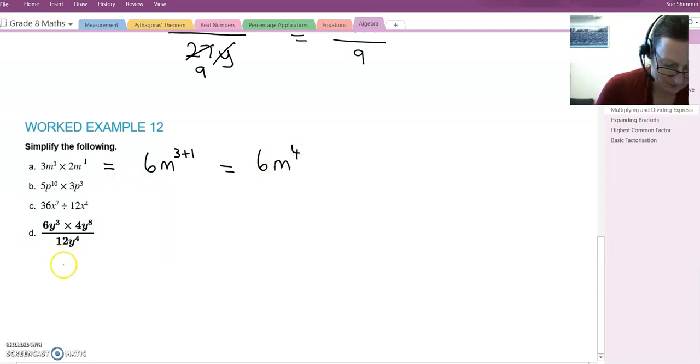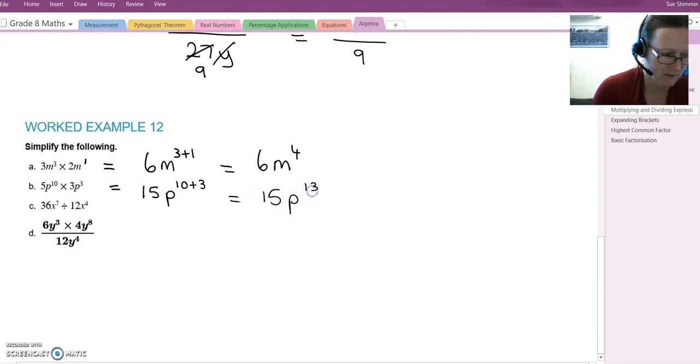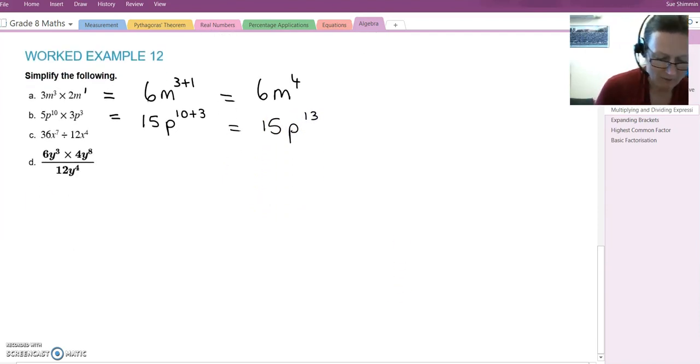Our next one. Let's look at our big numbers. 5 threes are 15. So we write 15. It's a multiply. They've both got the same base of p. So we add those indices, so it's 15p to the power of 13. Okay, for C, let's rewrite it as a fraction.